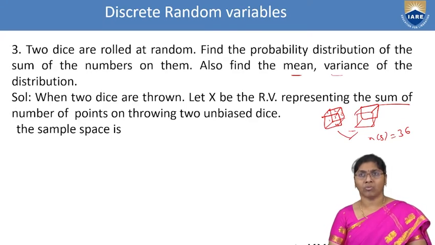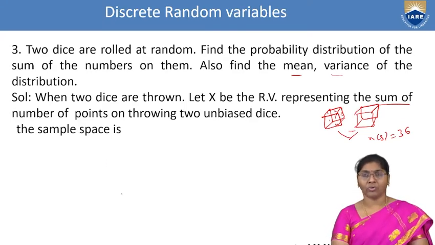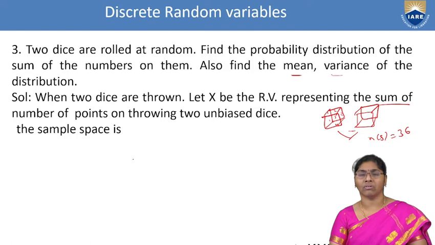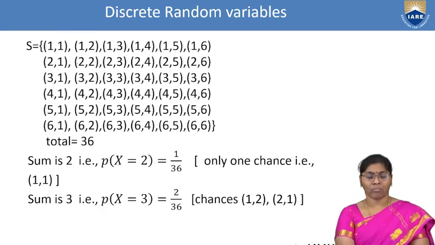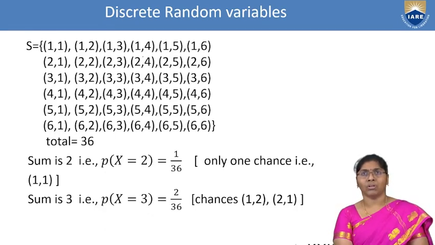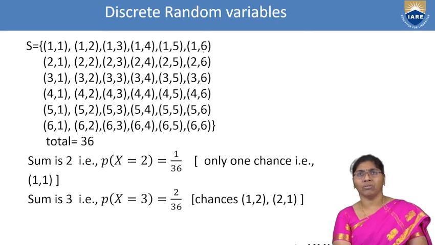The sample space has n of S equal to 36 outcomes: (1,1), (1,2), (1,3), (1,4), (1,5), (1,6), and this continues up to (6,1), (6,2), (6,3), (6,4), (6,5) and (6,6). The total arrangements are 36.